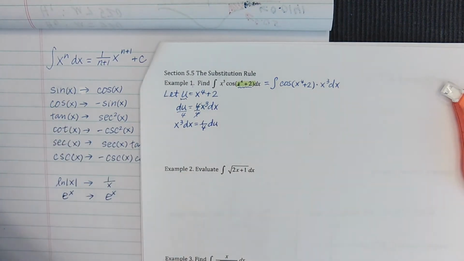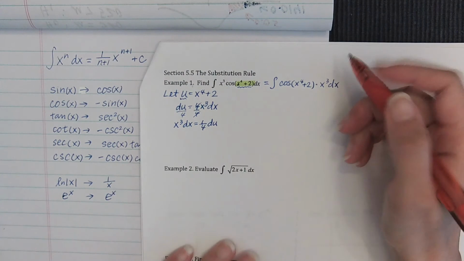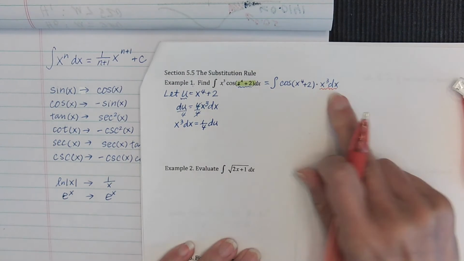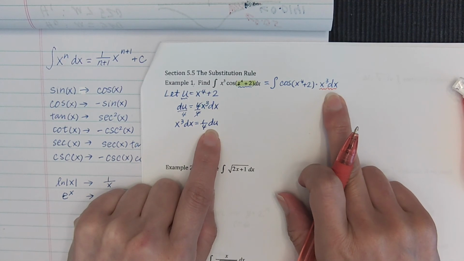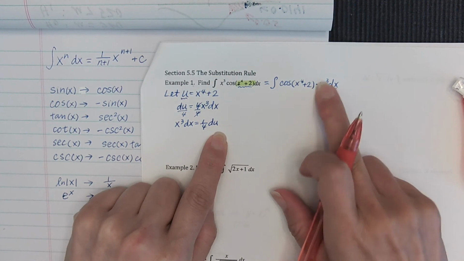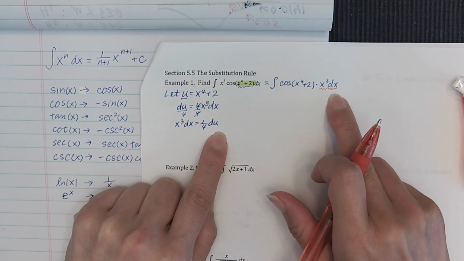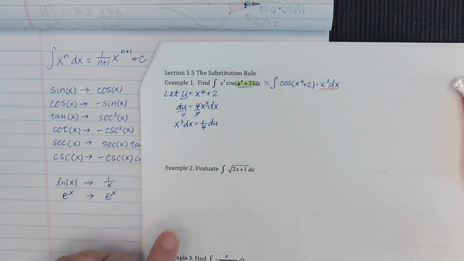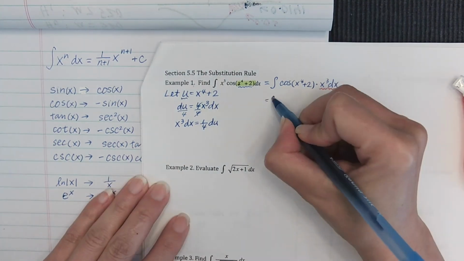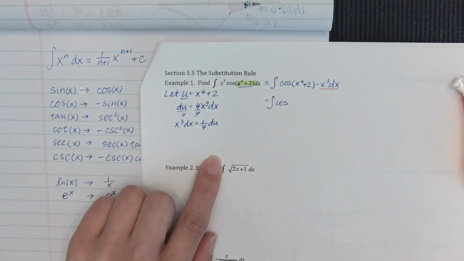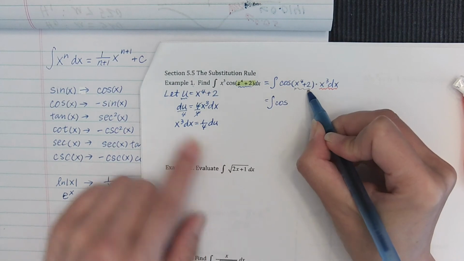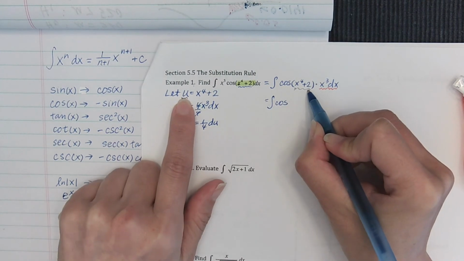So can you see that part? This x cubed dx, I can change it to du. It's 1 over 4 du. So now actually it makes everything easier. Integral of cosine. That part is u, right? Right now I say u.